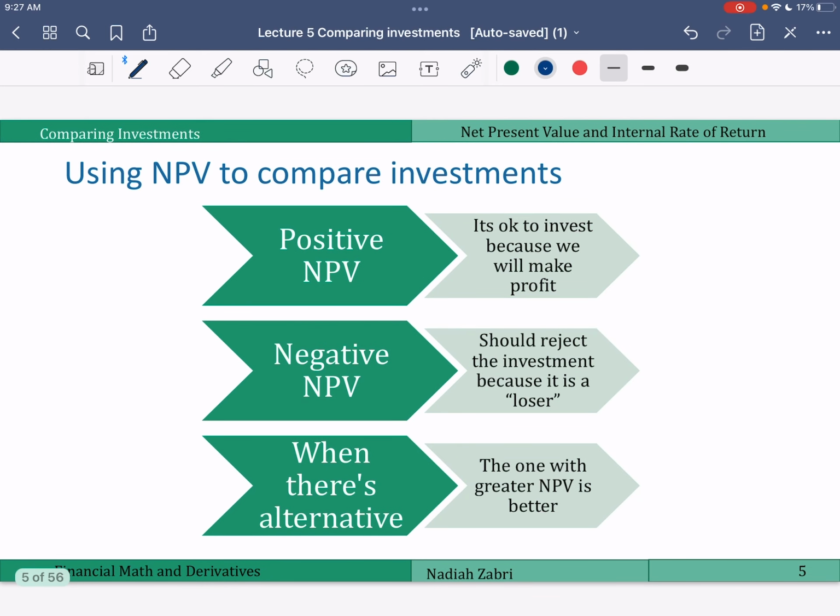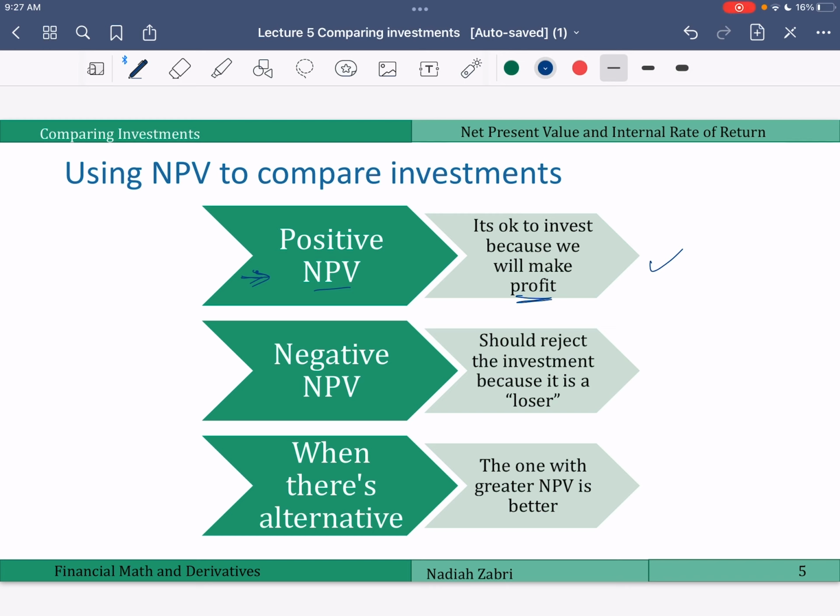So after we compute the net present value, how do we interpret that output? If the amount is positive, basically it is saying that it is okay for us to invest in this project because it will make a profit. Our outgo will eventually be covered by all of our inflows.